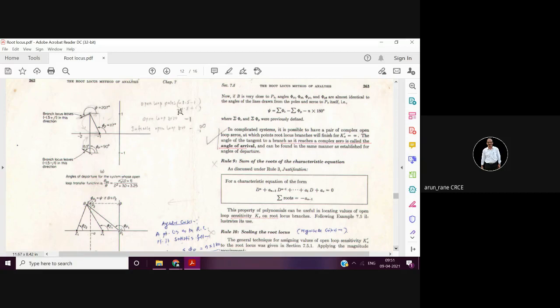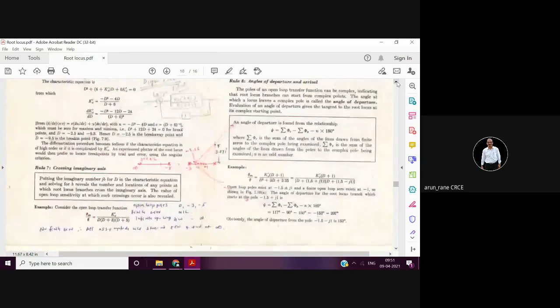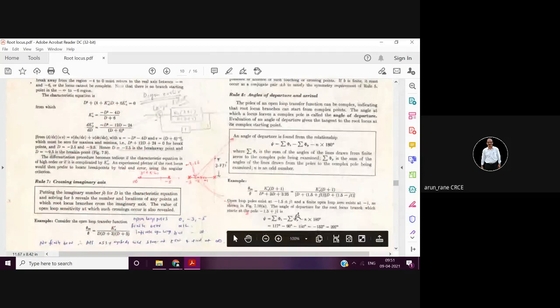See, now if I give this example, in this case you have a complex pole. The finite zero will be minus one.